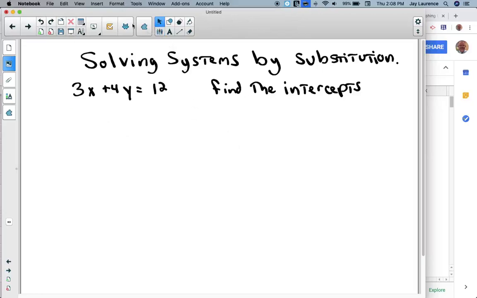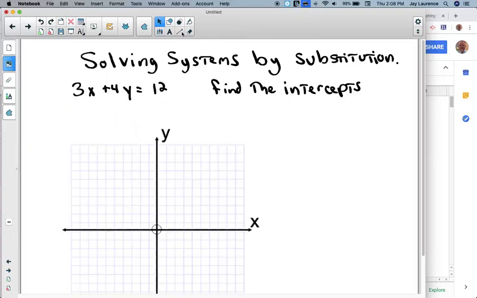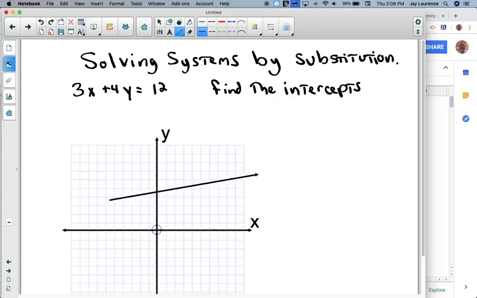You know how to solve by graphing, and the real problem with solving by graphing when you have a system, of course I don't have a system up here yet, but if I had a graph and I had two lines forming my system, the first line was doing that, and then the second line was doing this. It would be very difficult, without using technology, to tell what the solution to that system is.